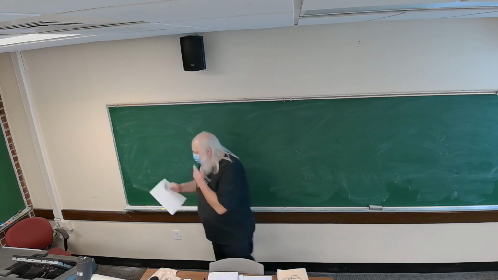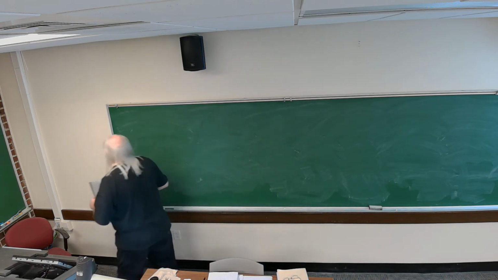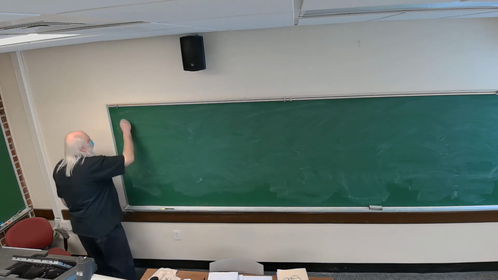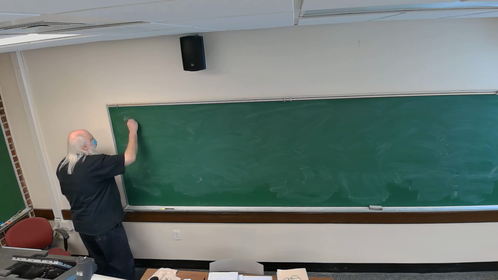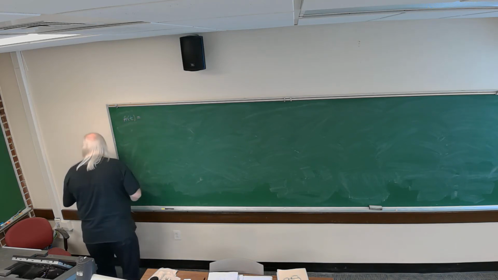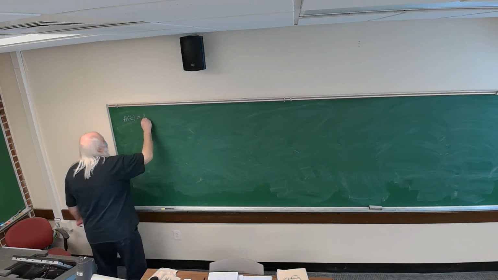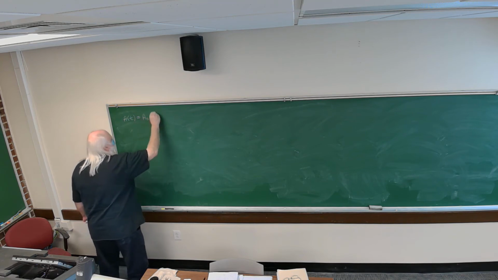So our math model for exponential growth and exponential decay is A of t equal to A sub 0 times e raised to the kt power.